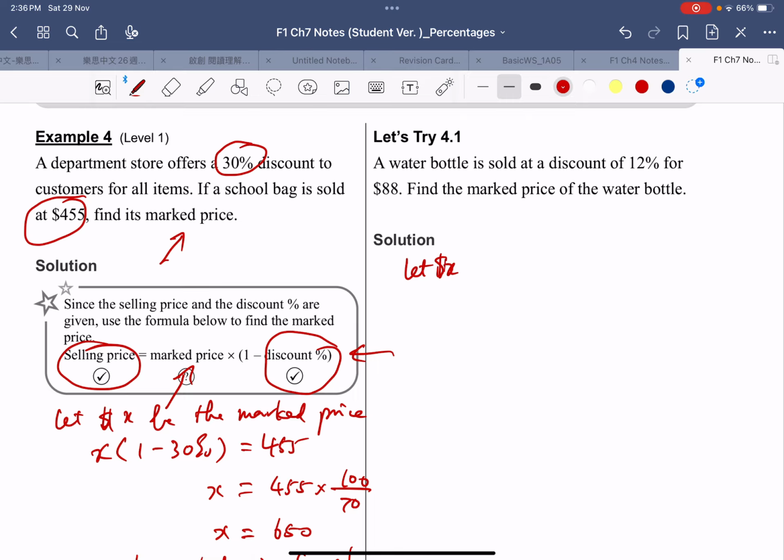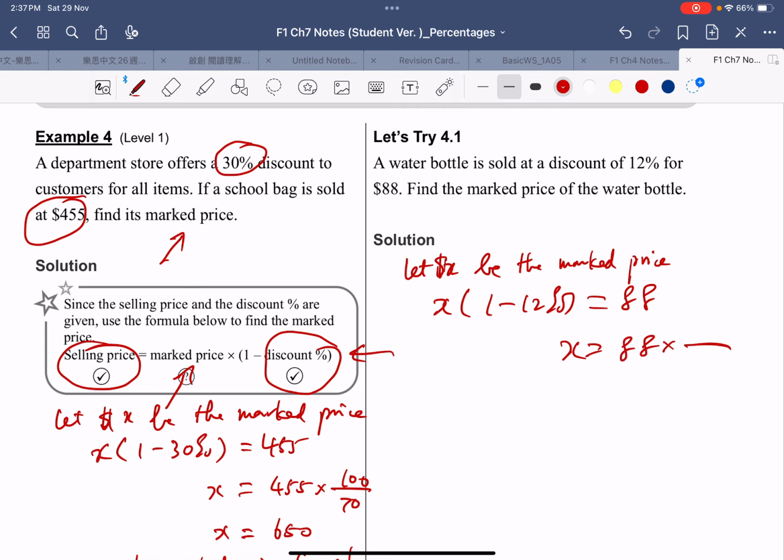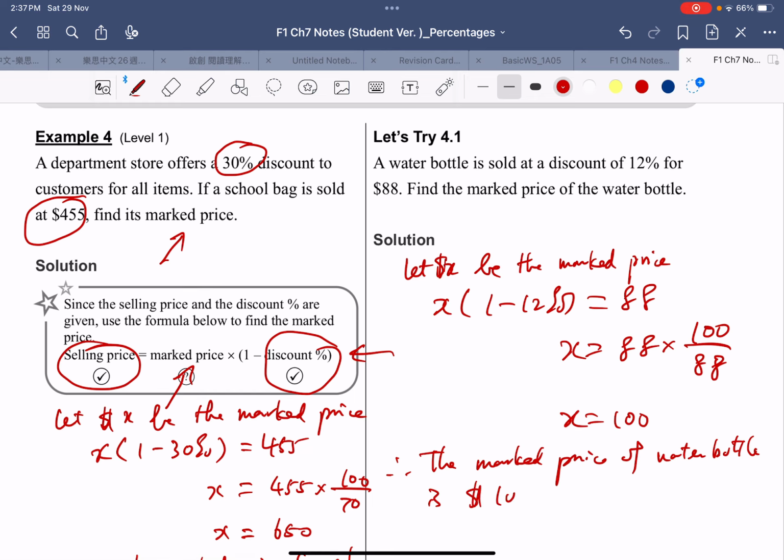Of course you can do it in one step, not letting x, but solving by equation, okay? x times 1 minus 12% equals 88. Solve it. Simple. Okay. That's it.